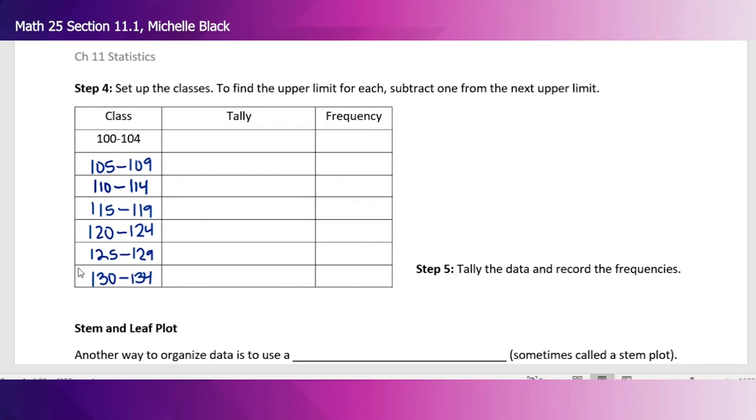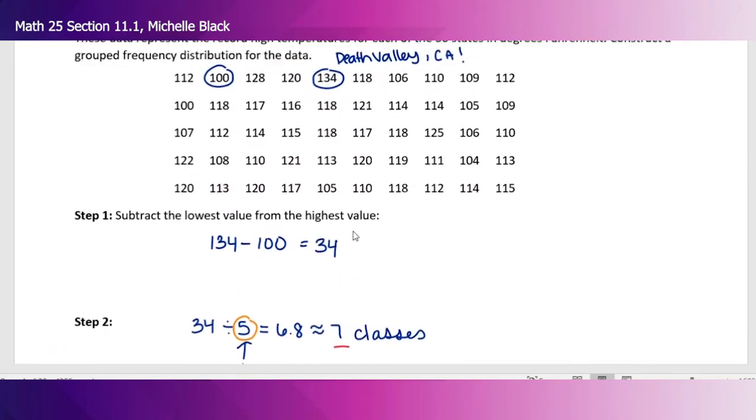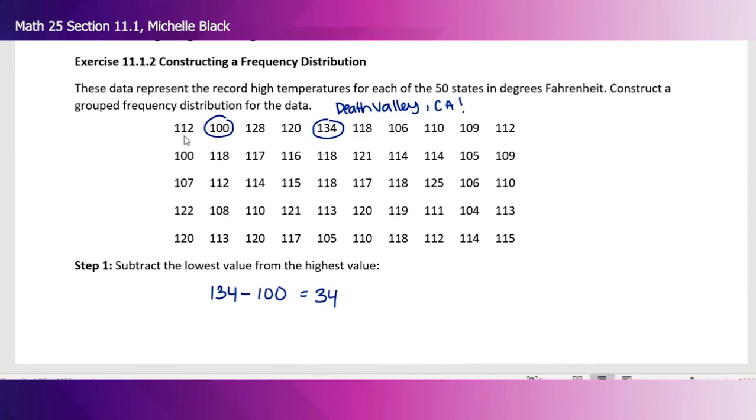Now we want to tally. So I'm going to ask you to pause the video. You might even have to rewind if you're doing your notes on paper rather than having it printed, and go look at the data, and you're going to tally how many of these temperatures fall into each class. So for example, in the top range, I have 112.